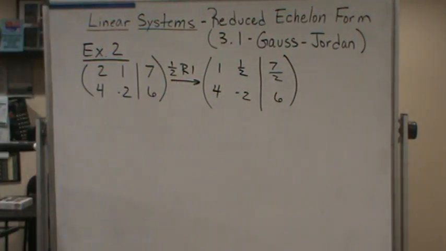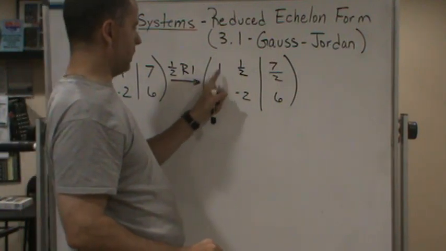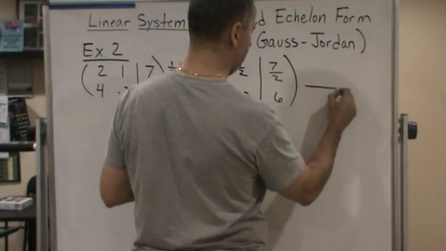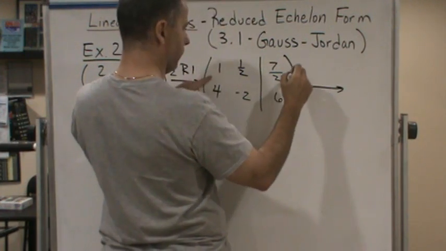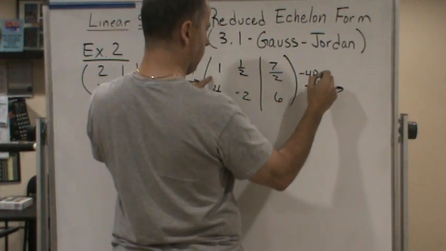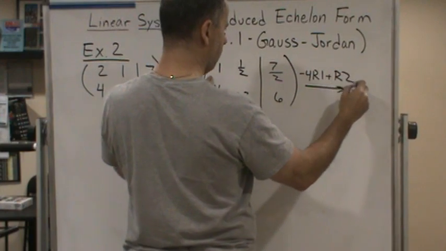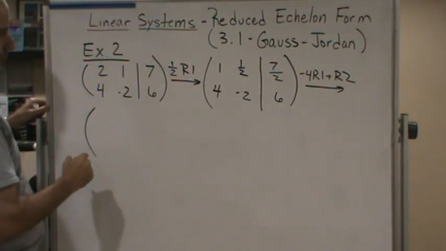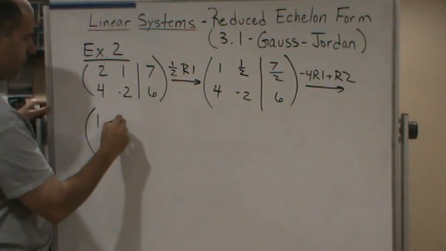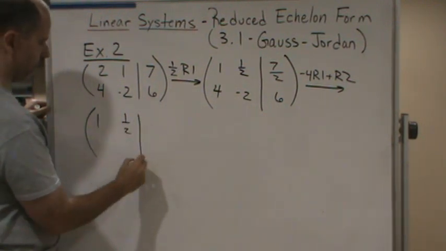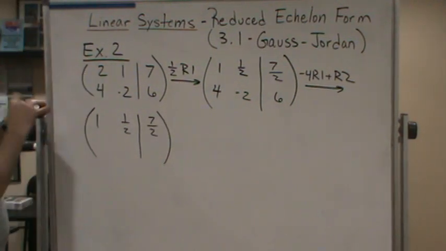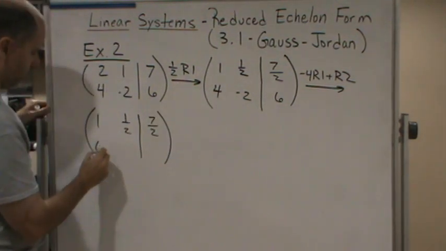And now what we're going to do is multiply this by 4 and add it to row 2. So we're going to do -4 times row 1 plus row 2. And so what does that give us? Now we're going to keep this the same, 1, 1/2, 7/2. And then this is going to give us 0.